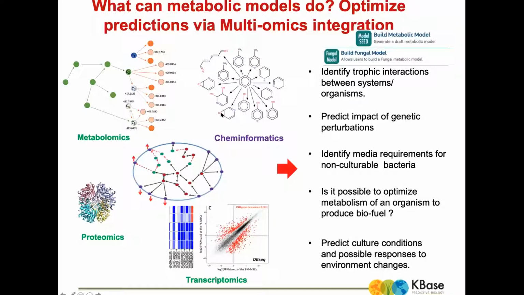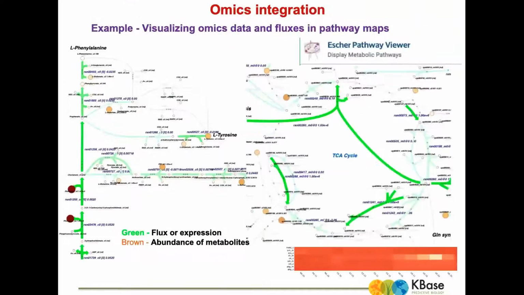Cheminformatics is a great area to see what these novel metabolites that we don't know are, and how we can map those novel metabolites to these computationally derived novel compounds. And then we can integrate those novel compounds into metabolic models, and see how they play a role in that organism's behavior.